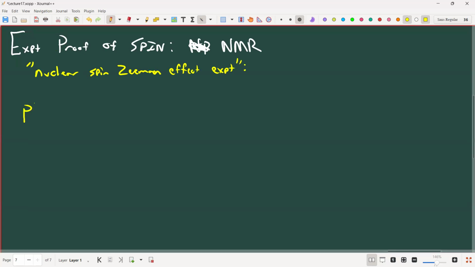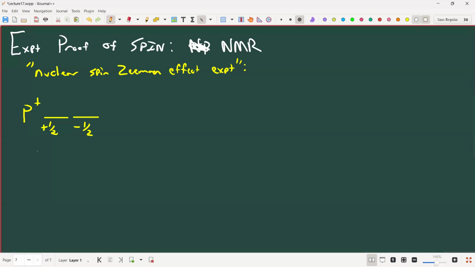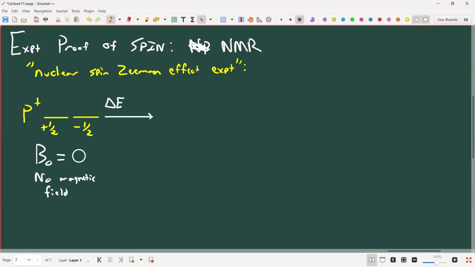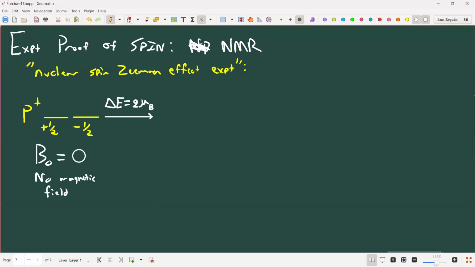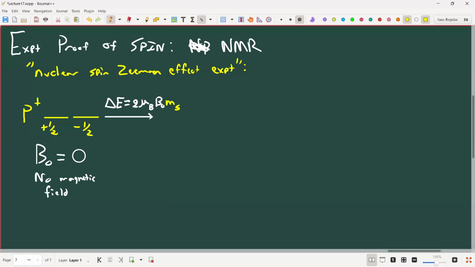Right, so you have a proton which has two states, plus 1/2 and minus 1/2, when the magnetic field is 0. And when you turn on the field, just like before, the spacing between them goes as g mu B B naught times M sub S, right? It splits by the M states, just like the Zeeman effect.